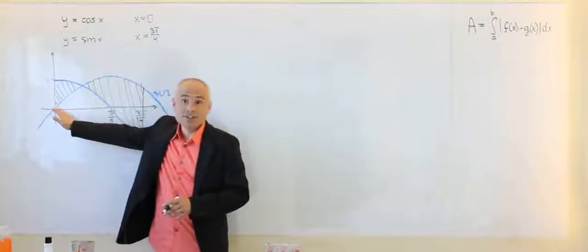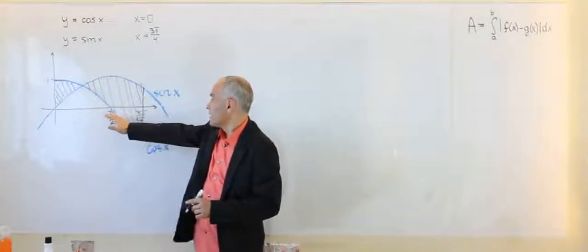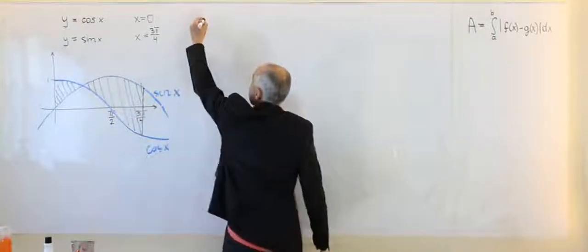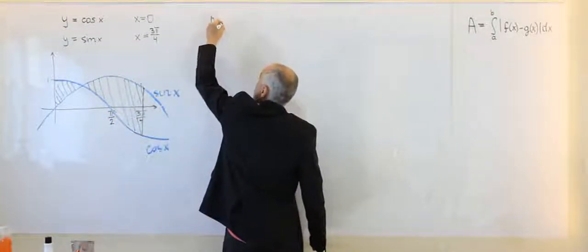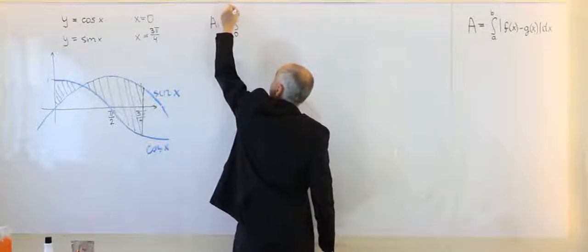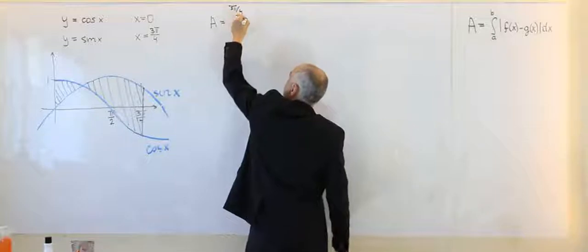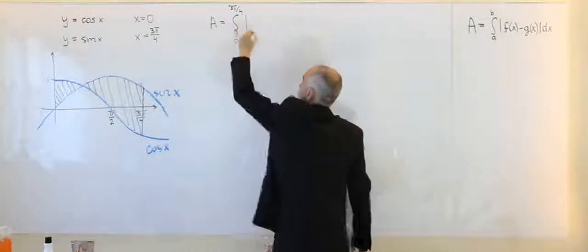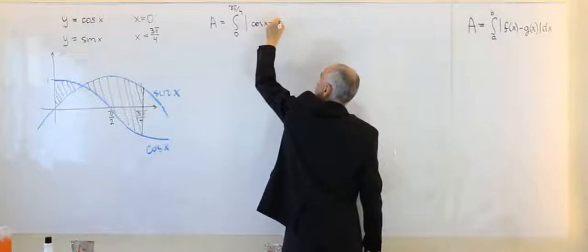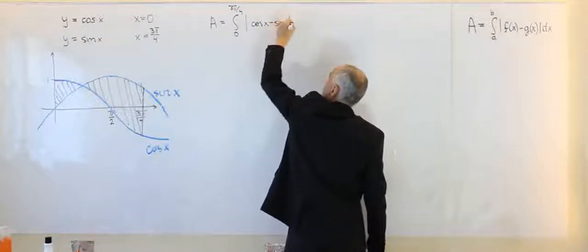Okay, so we just need to set up the integral, right? So the area A is equal to the integral from 0 to 3 pi divided by 4 of the absolute value of cosine of x minus sine of x dx.